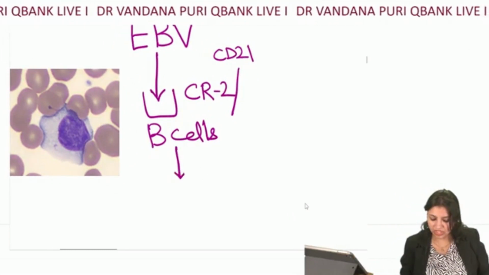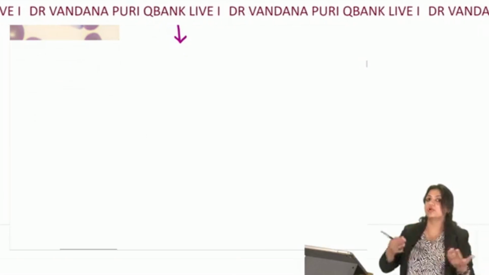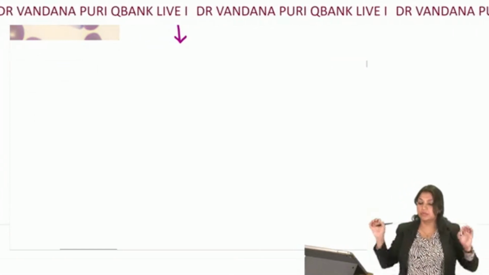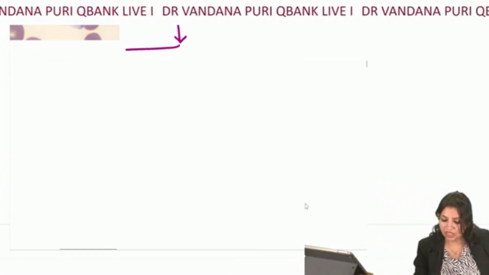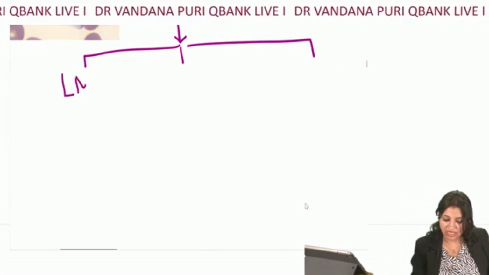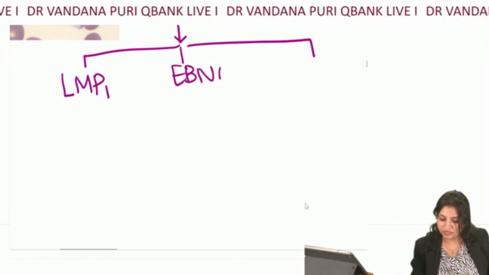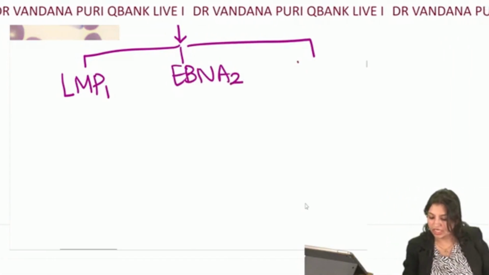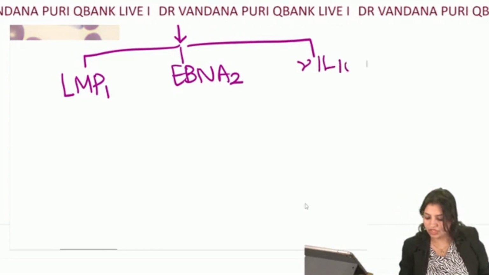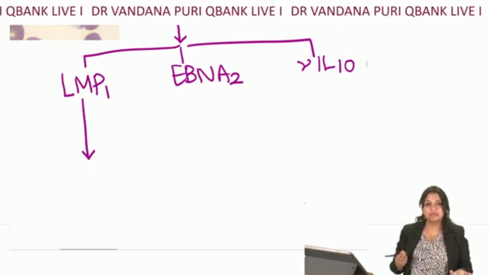When they enter B cells, they start causing proliferation of B cells. How? As soon as the virus enters, it induces some genes, like LMP1, like EBNA2, like viral interleukin 10. I hope you remember LMP1. What does LMP1 do?